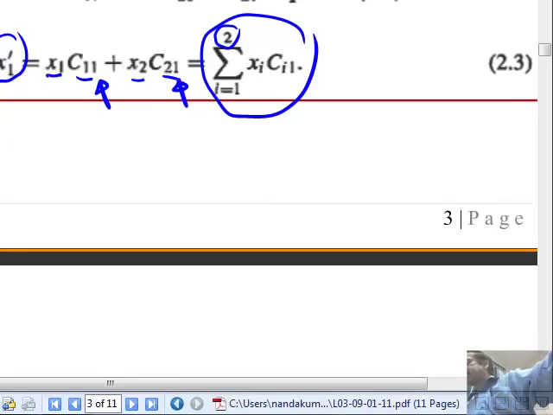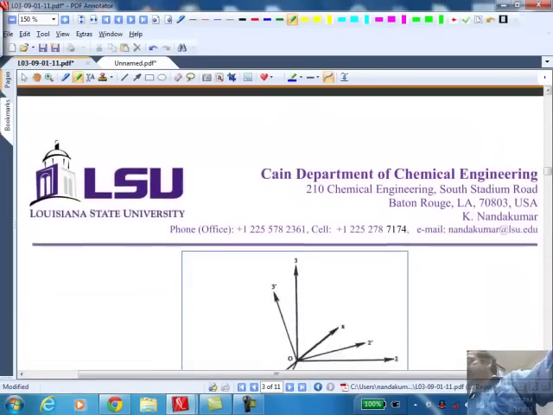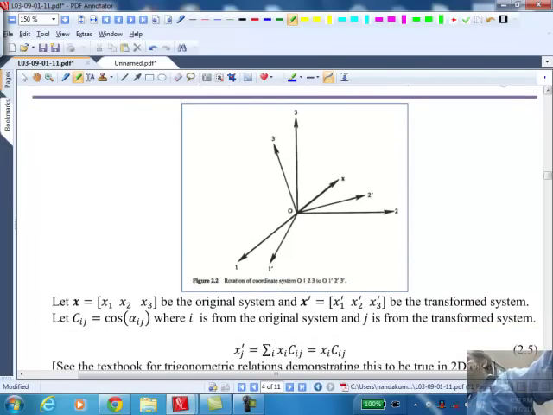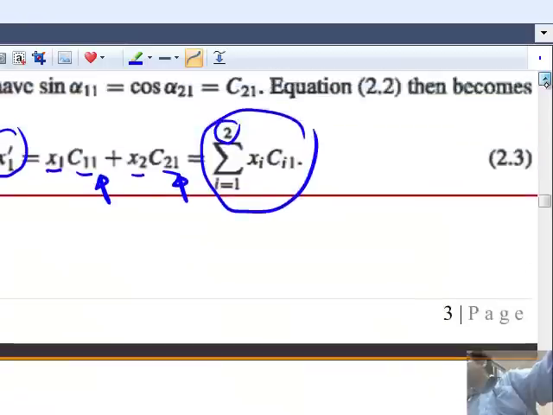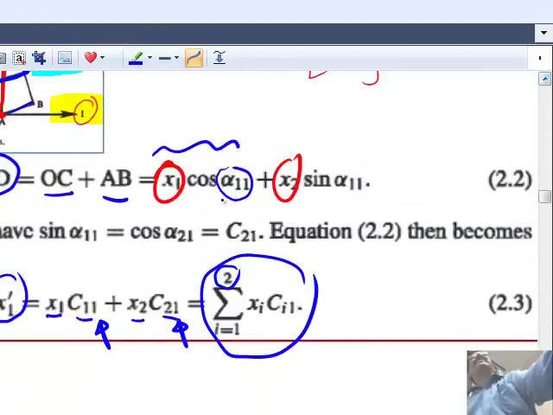Any questions? What's C21? Is that just a variable? C11, C21 are all cosines of the angle. Here, x1 times cos of alpha 1,1. Cosine of alpha 1,1 is this angle. The first index refers to the old coordinate, the second index refers to the new coordinate. So it's the cosine of the angle between 1 and 1 prime.